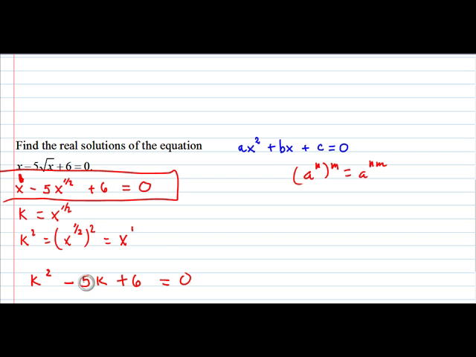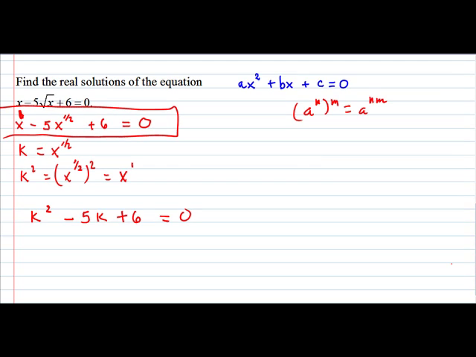So you see now this equation looks exactly similar to the quadratic equation, but now we have k instead of x. So now we solve for k, and we'll factor if possible. If I cannot factor, then you have to use the quadratic formula. I have k here, k there, with the same sign. 6 is 2 and 3, so make sure your factors are correct.